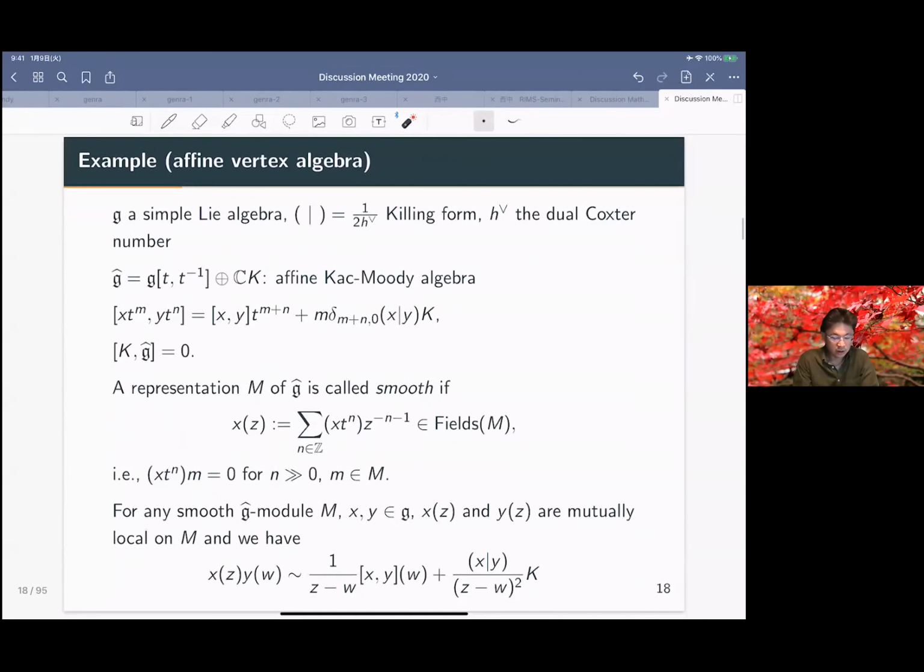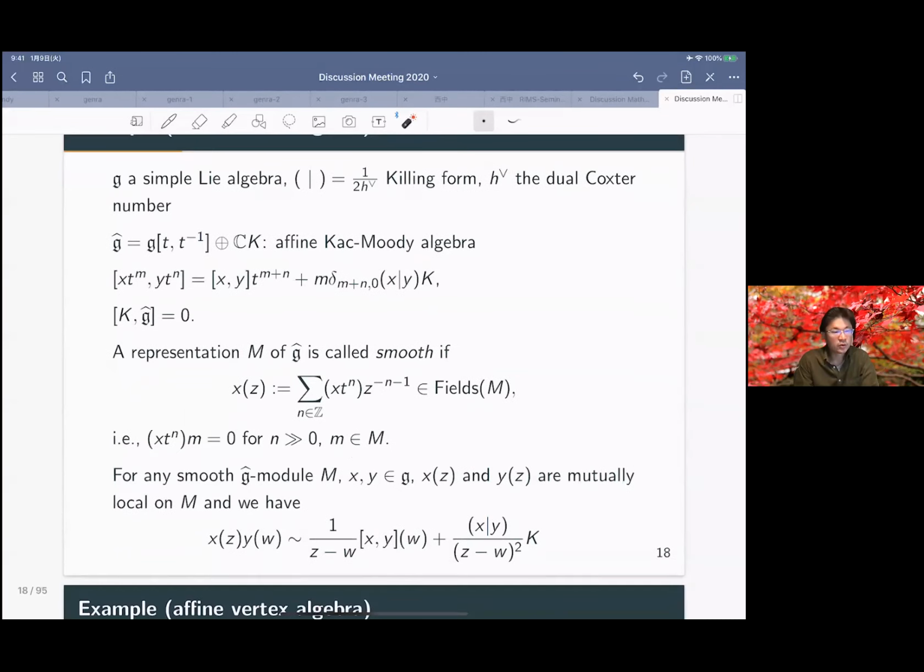And so we can talk about the representation of G hat, and a representation of G hat is called smooth if this is a field on V, which means that each element is killed by X t^n for sufficiently large n. So in particular, a highest weight representation is a smooth representation.